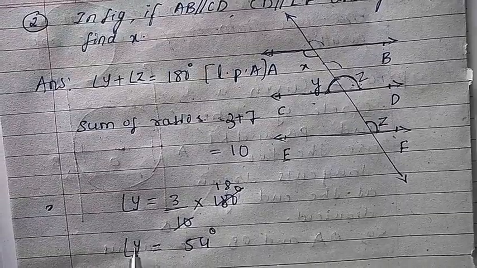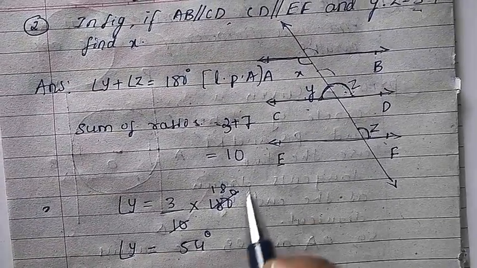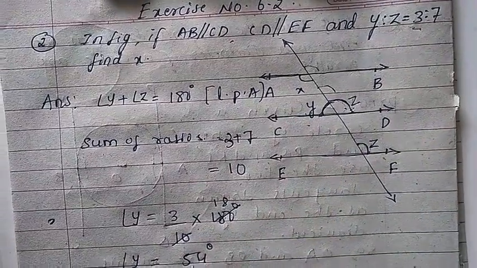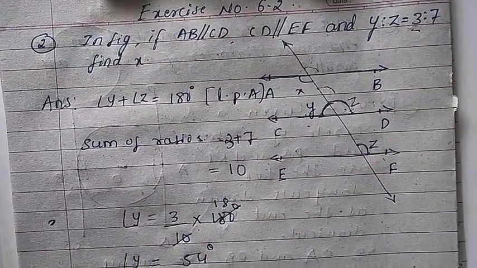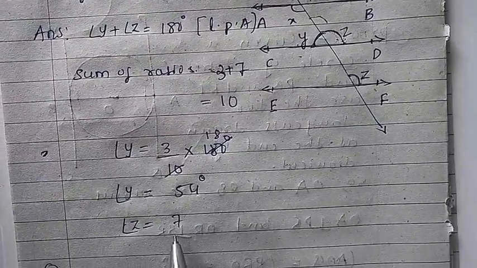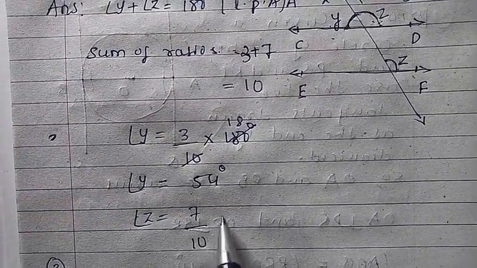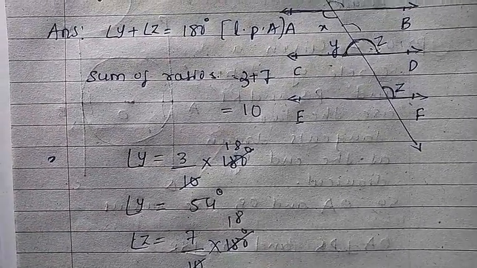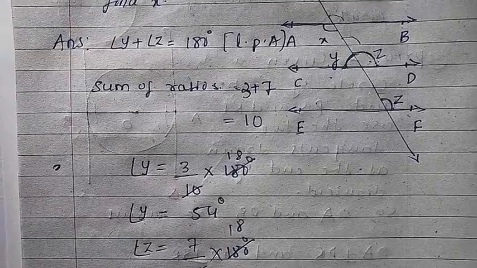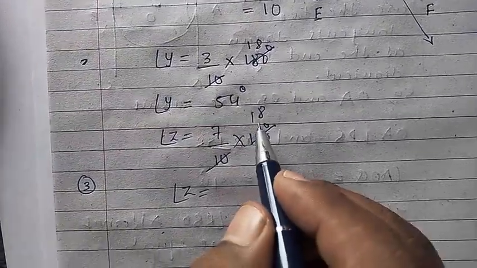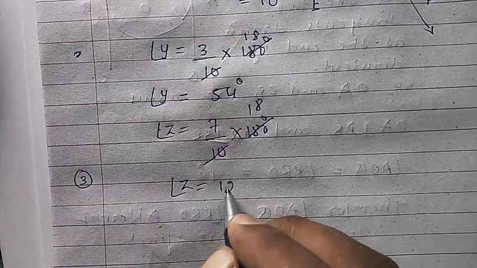Therefore angle Y is 54 degrees. Clear? Then how can you find angle Z here? Similarly, angle Z is the ratio 7 divided by 10 into 180 degrees. 18 7s are 126 degrees.